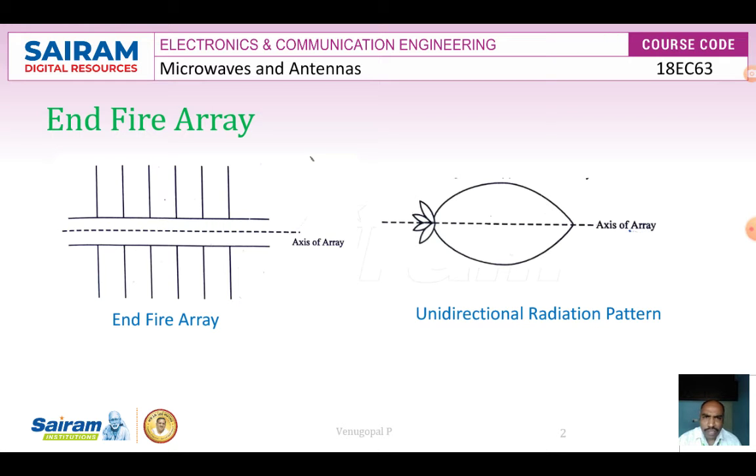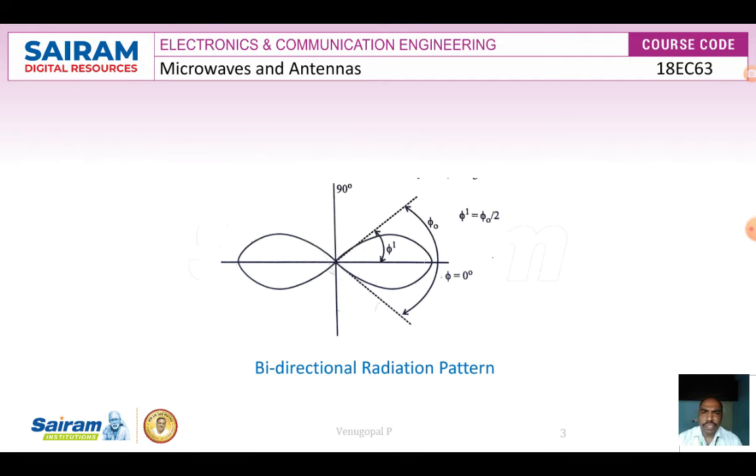The major lobe is at one end, which means the maximum radiation is present at one end, and the minor lobes represent the losses. Here I have shown the radiation pattern of the endfire array, but the major lobe occurs at only one end, where the maximum radiation is present.